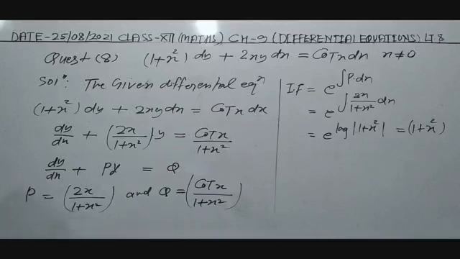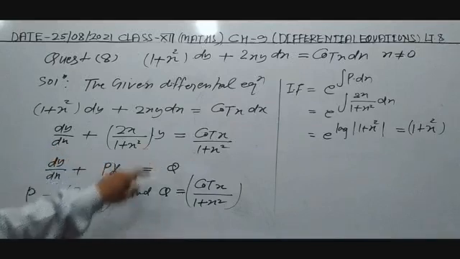Now we have to multiply the integrating factor into the given equation of the form dy by dx plus py is equal to q.